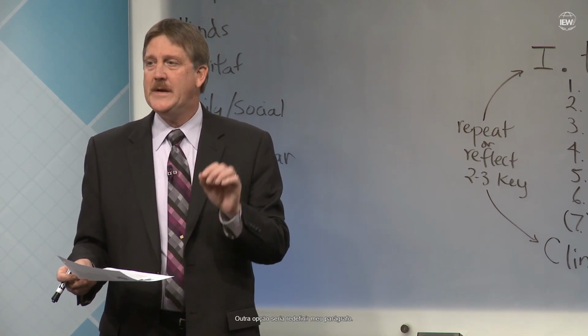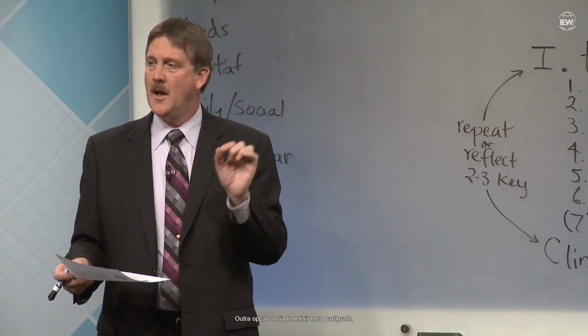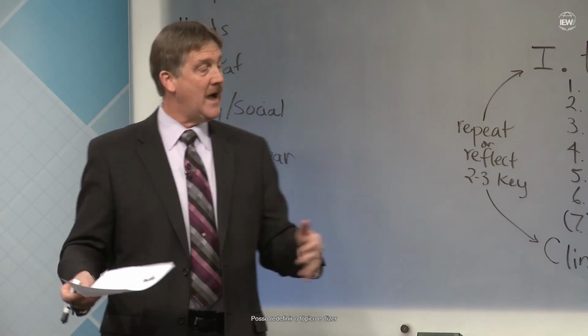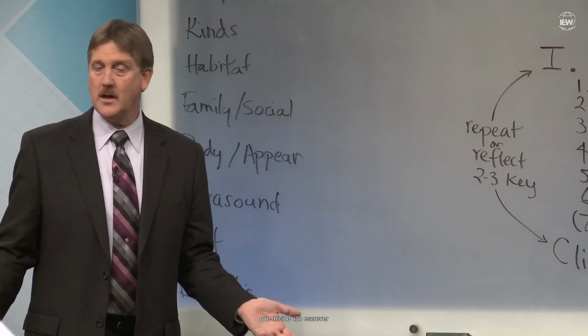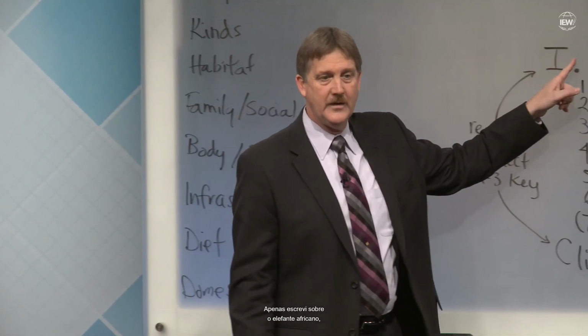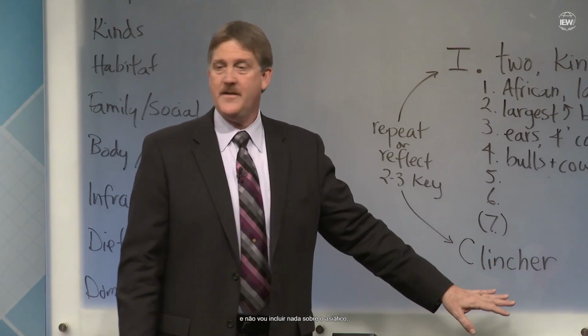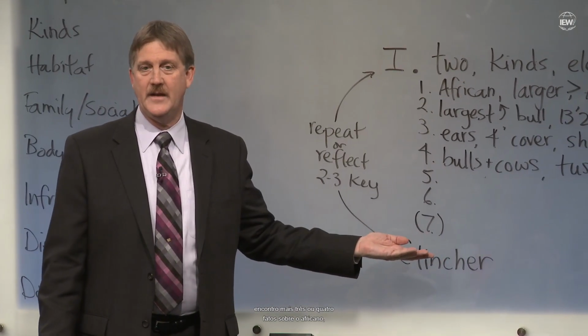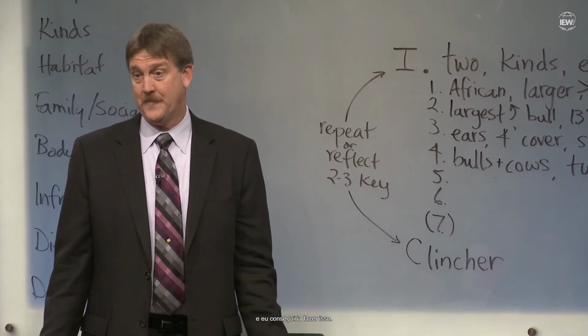Another option would be to redefine my paragraph. I can redefine the topic and just say, I've decided I'm not going to write about the 2 kinds of elephants. I'm just going to write about the African elephant, and I'm not going to include anything about the Asian. So I cross that out, move that up, pick 3 or 4 more facts on the African, and I could do that.